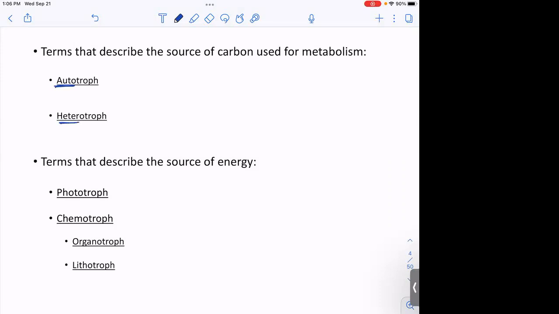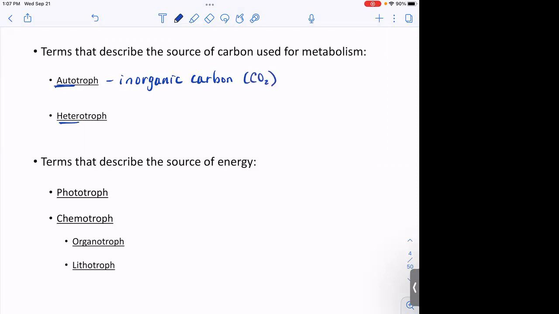Troph just means, like, to eat, basically. I think that's a similar root there. So if an organism acquires its carbon from an inorganic source, then it's termed an autotroph, auto meaning self. Inorganic carbon is carbon dioxide.